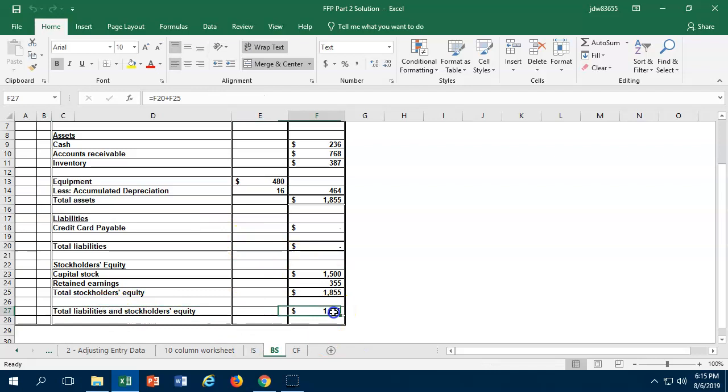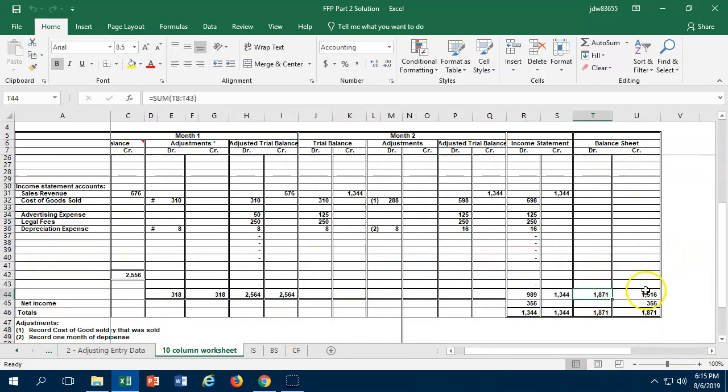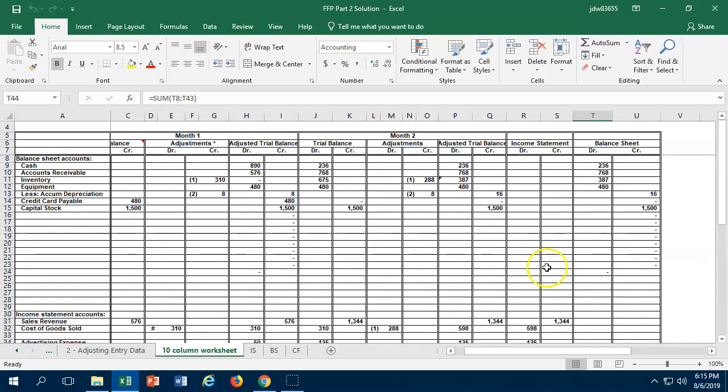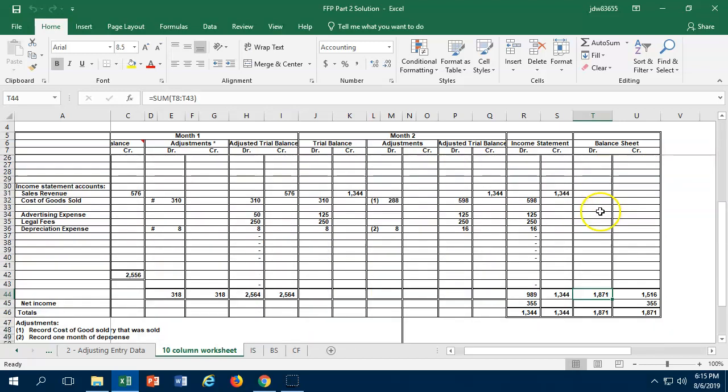Is this the balance you're talking about right here, the very bottom one? Well, on your balance sheet, you have 1855, but on your 10-column worksheet, you have 1871 for the balance sheet, and 1871 is what I have. That's the debits, so you're looking at all the balance of all the debits.